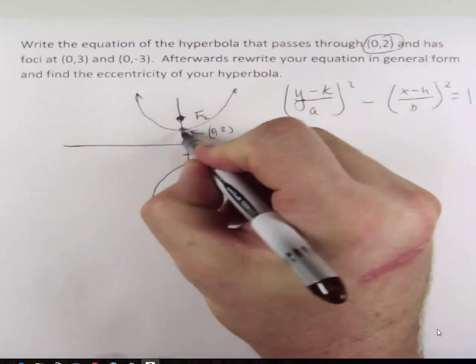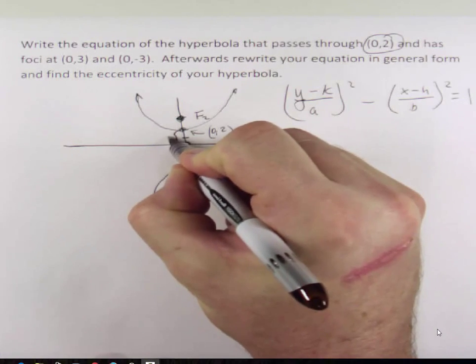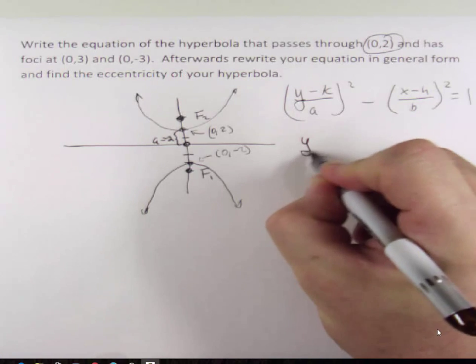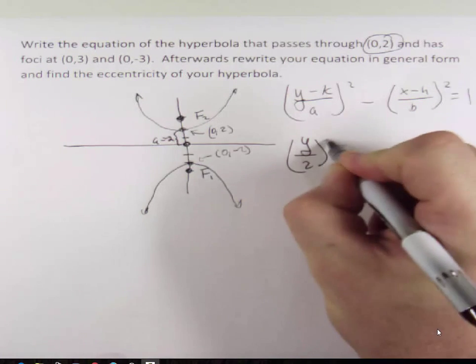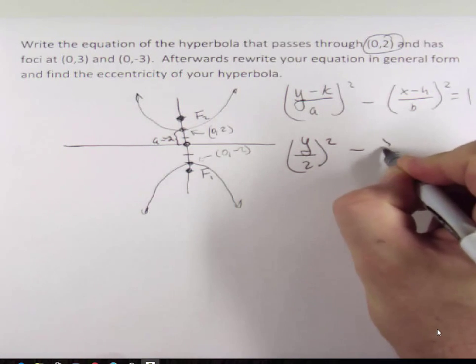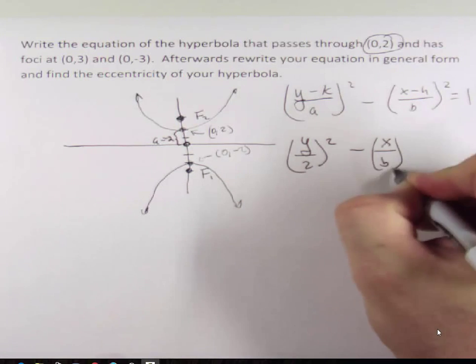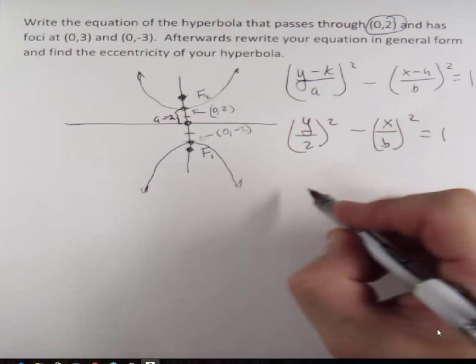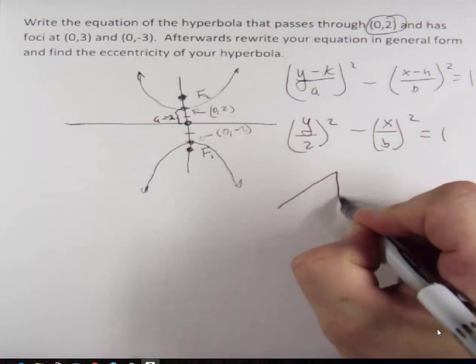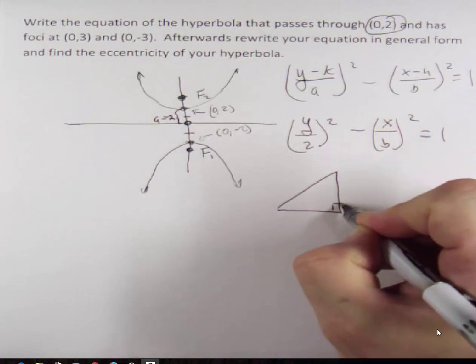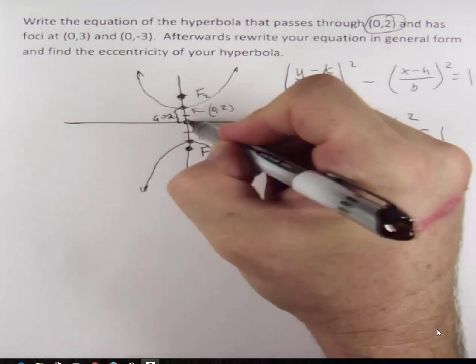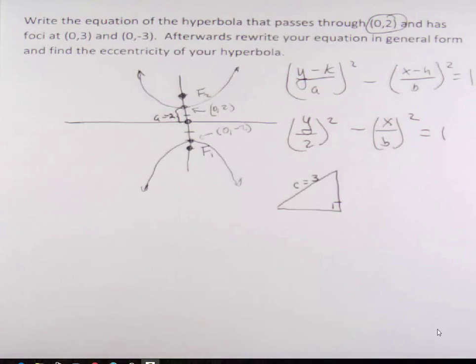So we now know that the vertical focal radius is 2. So you now have (y over 2) squared minus (x over b) squared is 1. But this isn't so bad, because if you think about that drawing rectangle, we all know the focal distance is always the hypotenuse. In our case, that focal distance is going to be 3.